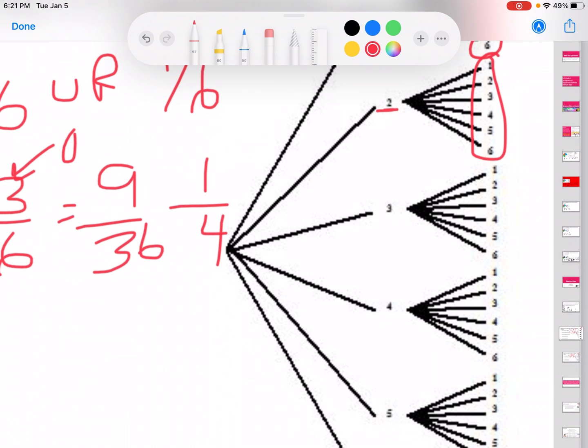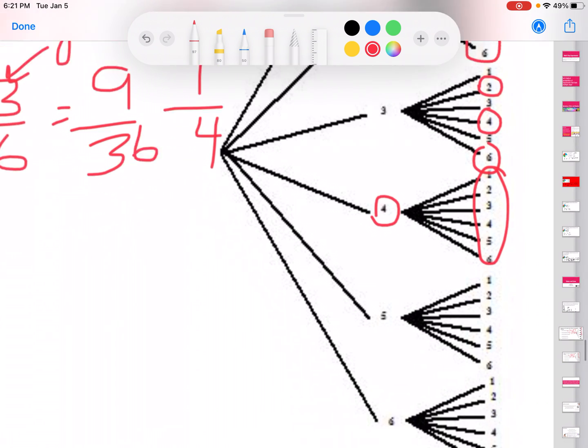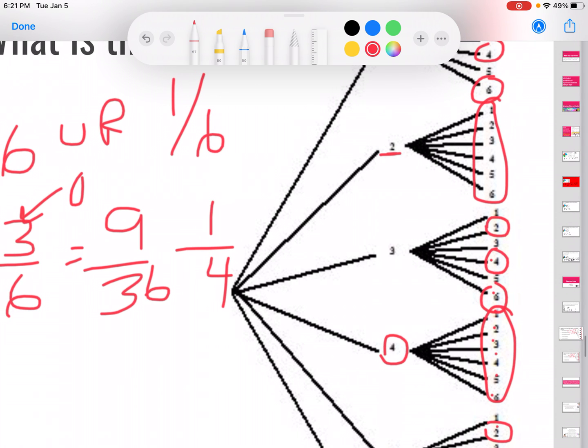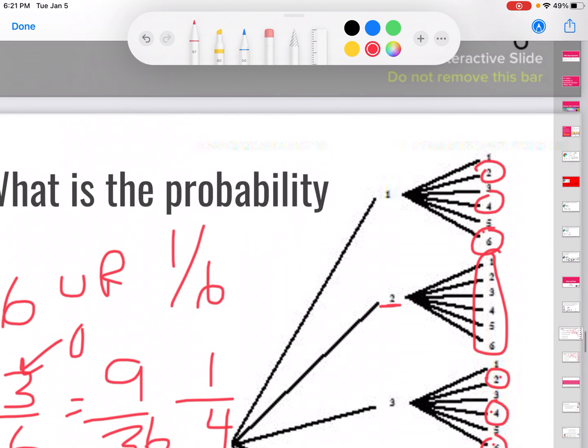And then all of these because 4 is an even number. And then all of these because 6 is an even number. So that's 6, 7, 8, 9, 10, 11, 12, 13, 14, 15, 16, 17, 18, 19, 20, 21, 22, 23, 24, 25, 26, 27.